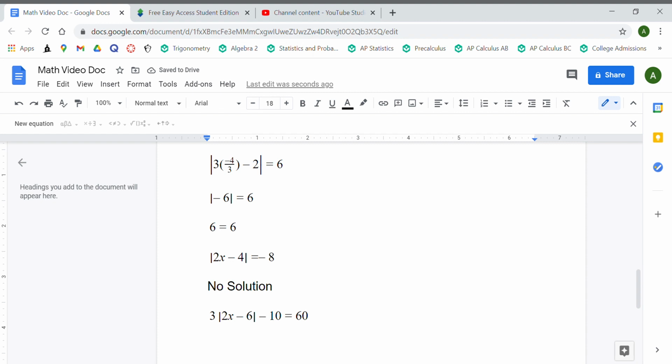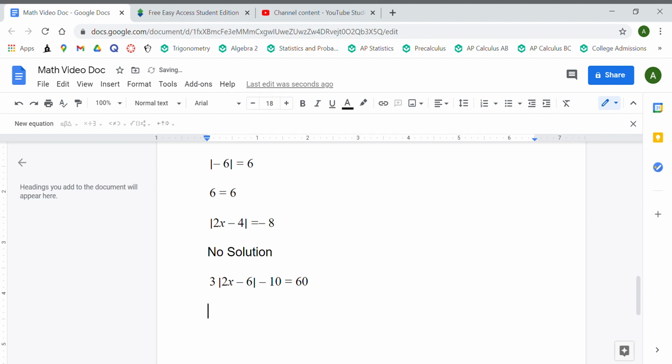Now you got all sorts of stuff going on. Imagine that the 2x minus 6 is your variable. It's kind of like using the distributive property. Now, let's say that you want to get that variable by itself.